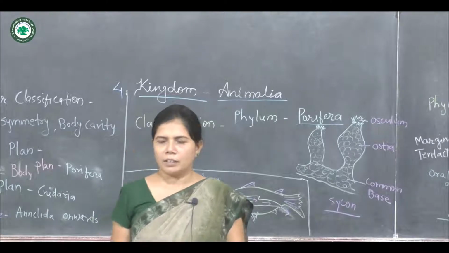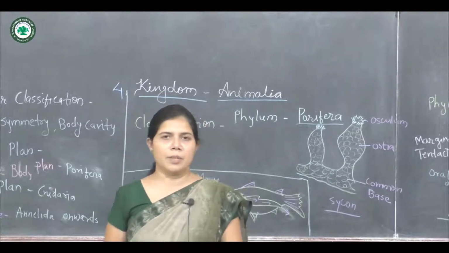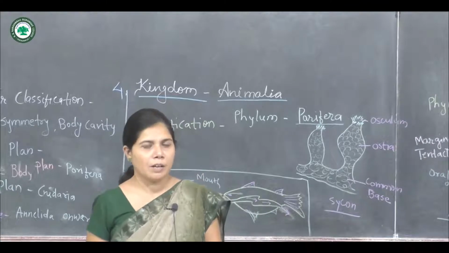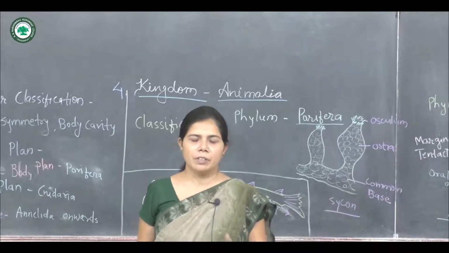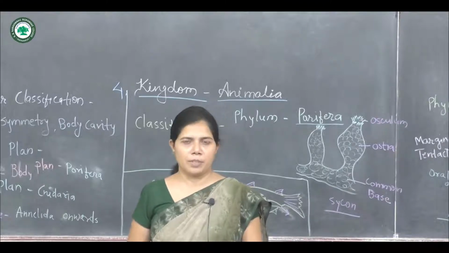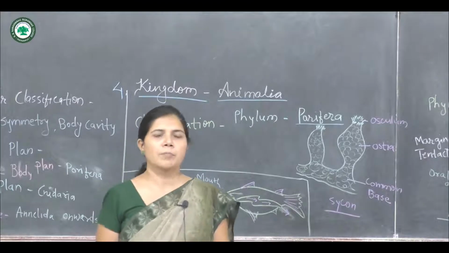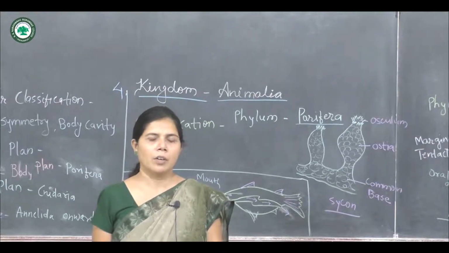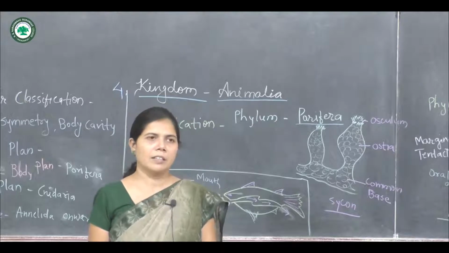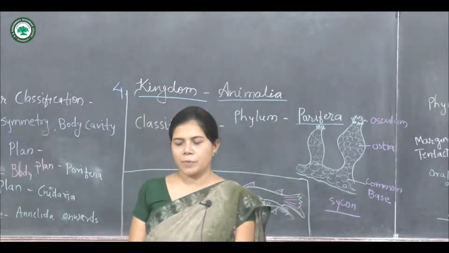Again, we know that different organisms or different animals are living together, which means there is diversity among the organisms. So many different types of animals are living on the earth, and this is known as diversity, or we can say biodiversity.